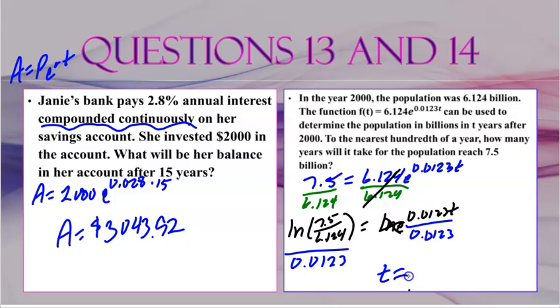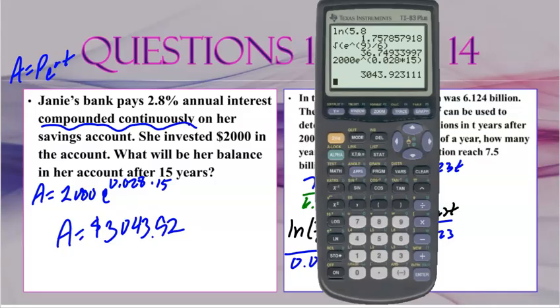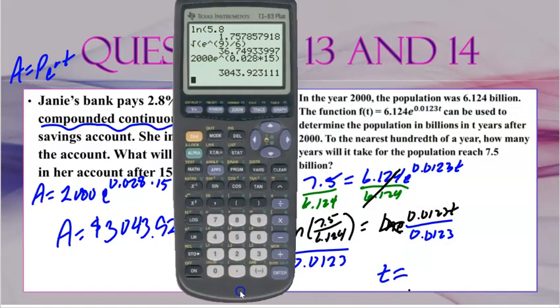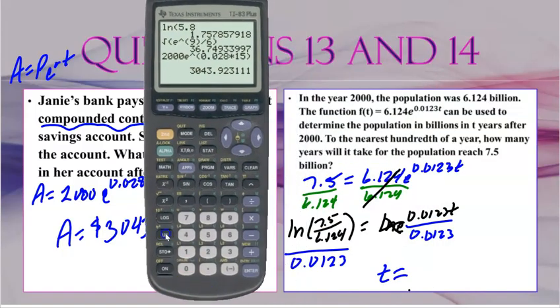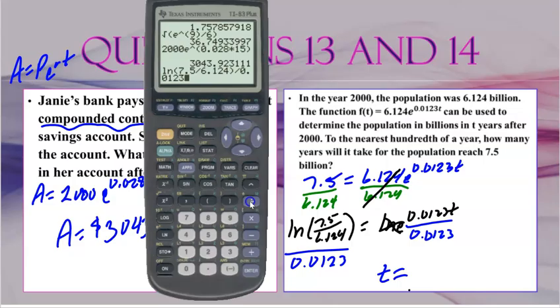That's 2 decimal places. So we grab our calculator. And we have natural log of 7.5 divided by 6.124, end parentheses, and then we're going to divide all of that by 0.0123.